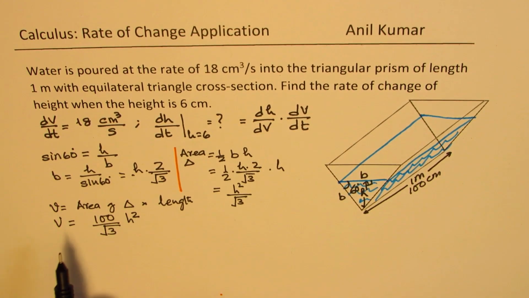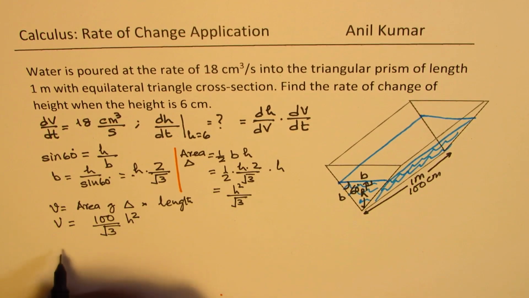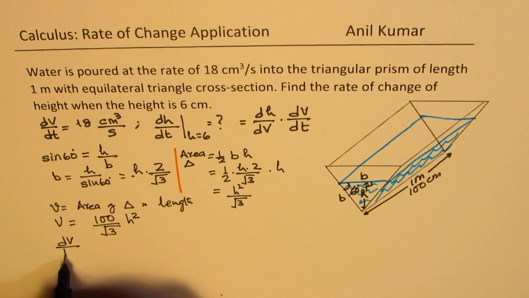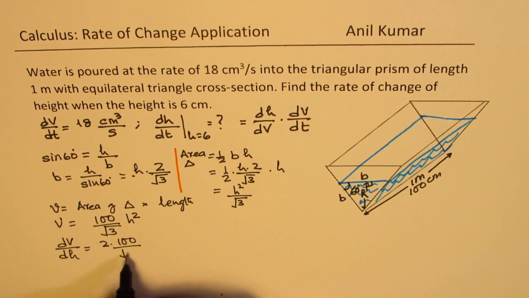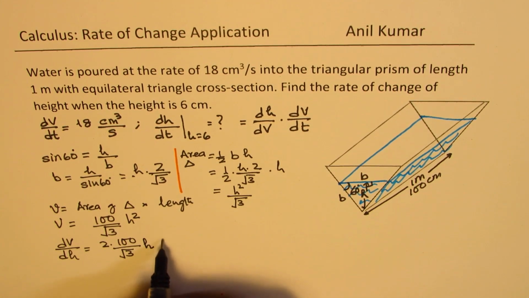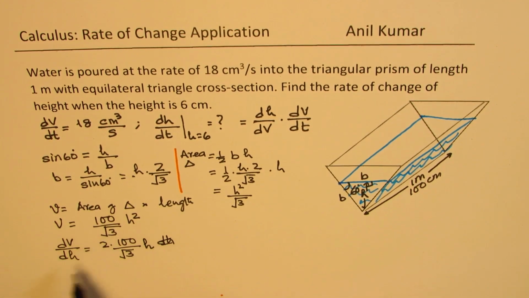Now from here we can get the relation of rate of change of volume with height. So we get dV/dH as equal to 2 times 100 over square root 3 times h. We are differentiating with respect to height, so that is okay. So dV/dH we have got here.